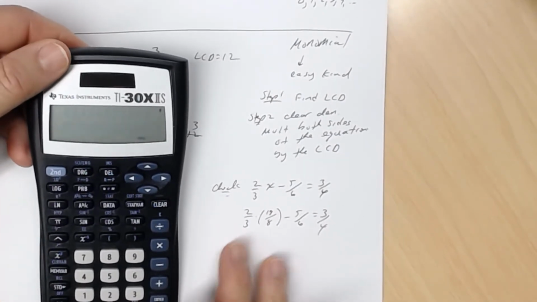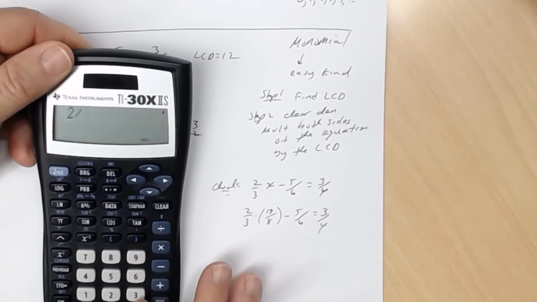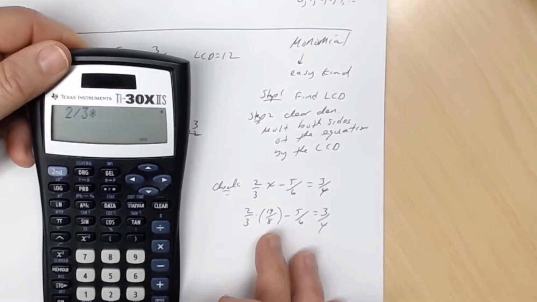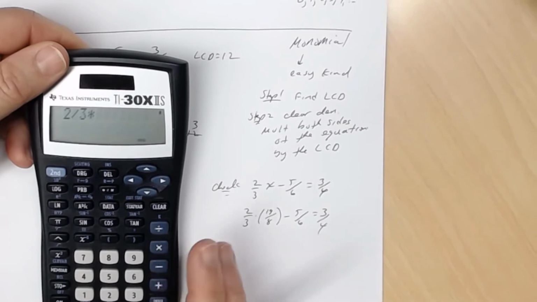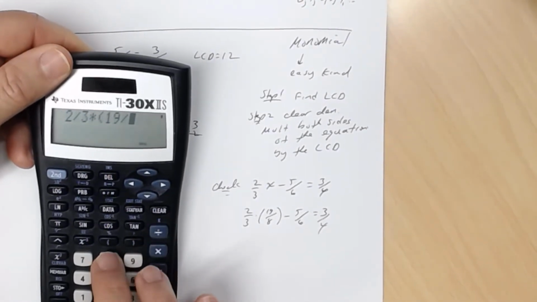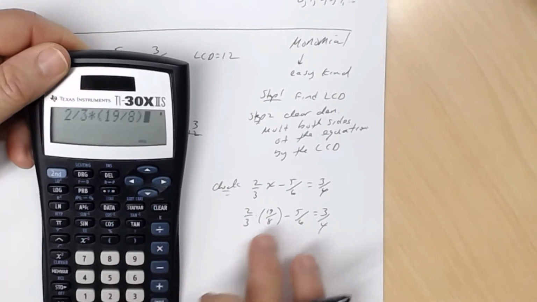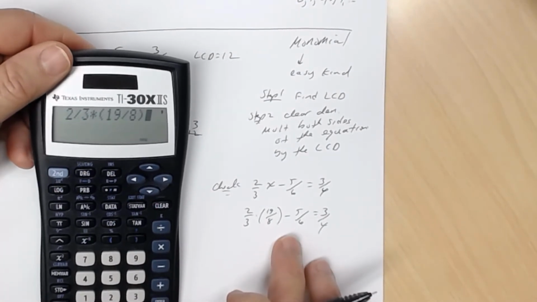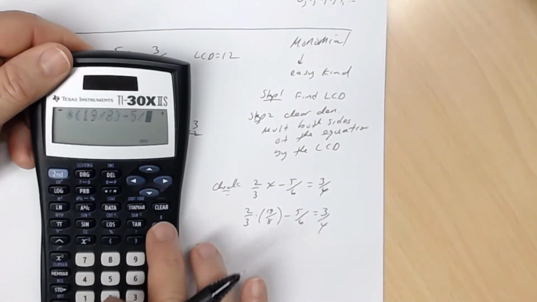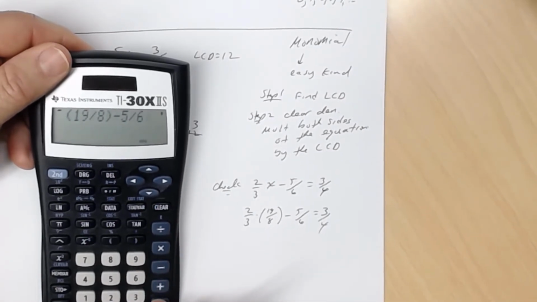We have 2 divided by 3 times, and I'm going to put this in parentheses, although you didn't have to in this case, times 19 divided by 8. Close the parentheses, subtract 5/6, so minus 5 divided by 6, and press equal. And hopefully we'll get 3/4, right?